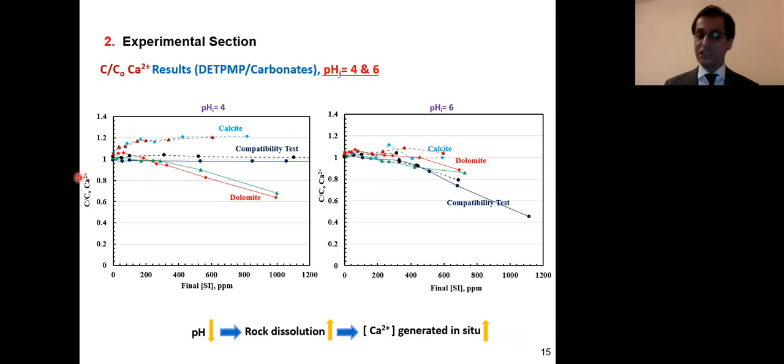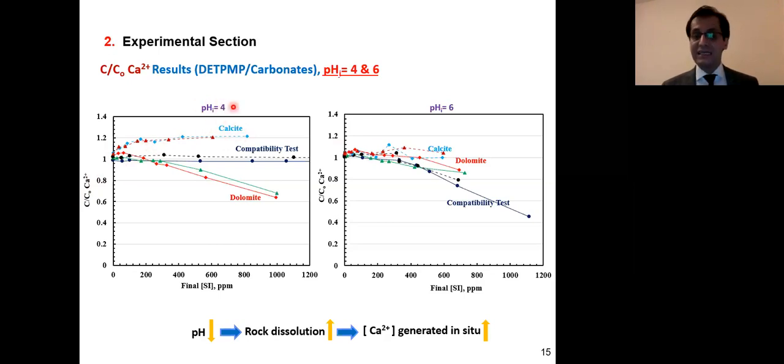Another indication in the solution is calcium. As I mentioned before, once carbonate rocks are contacted with seawater or seawater with DETPMP, they can be dissolved, and some calcium and magnesium, particularly in the dolomite case, is generated in situ. So we expected to have an increased amount of normalized calcium for calcite in both cases.